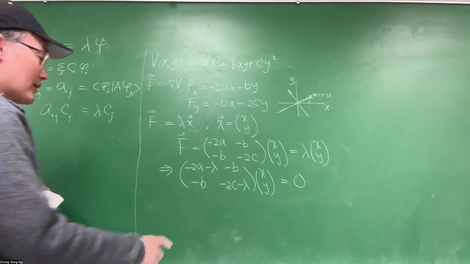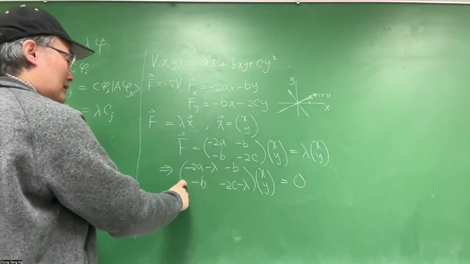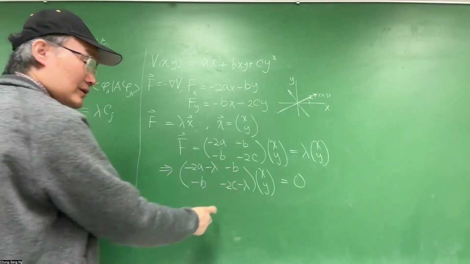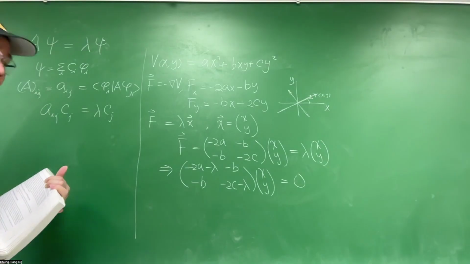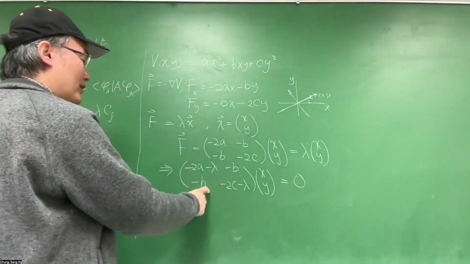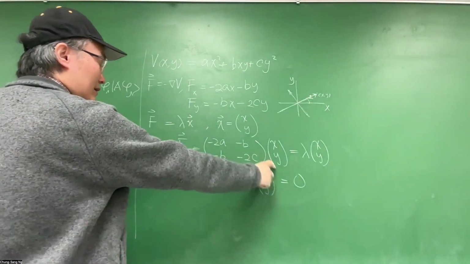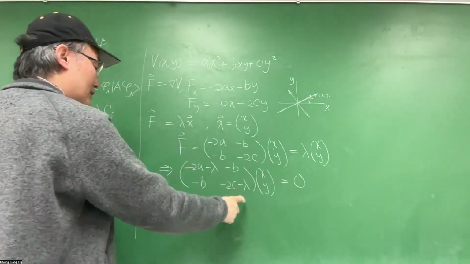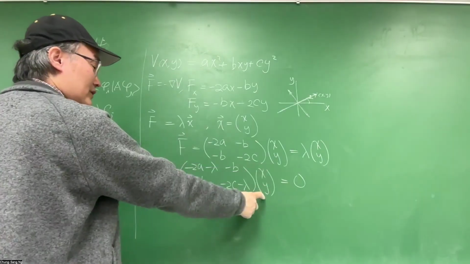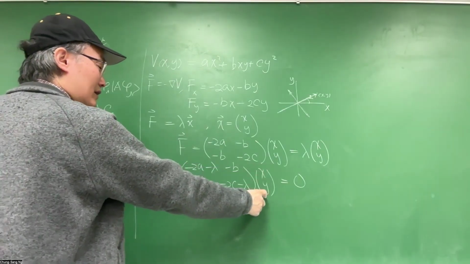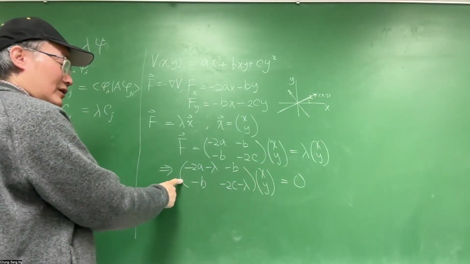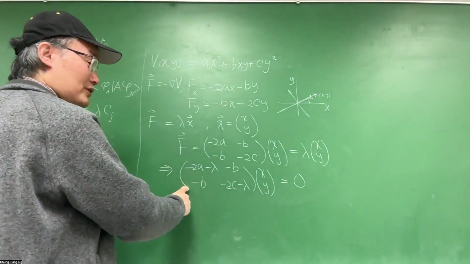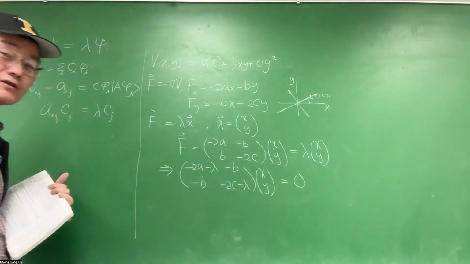And the equation for lambda is that the determinant of this matrix must be 0. You learn about this in linear algebra. A square matrix multiplied by a column vector set to 0, for a non-trivial column vector, the determinant of that must be 0. Otherwise, you get only the trivial solution that the vector is 0.